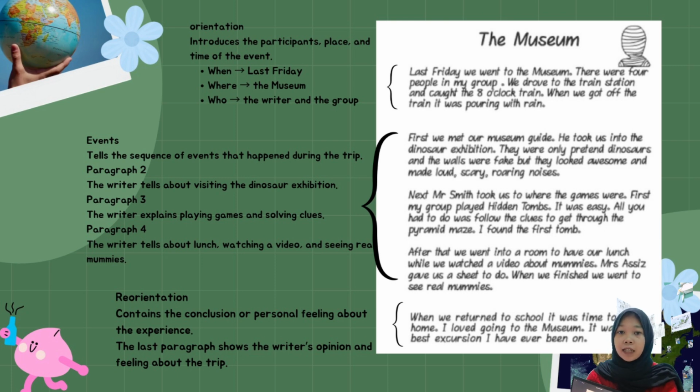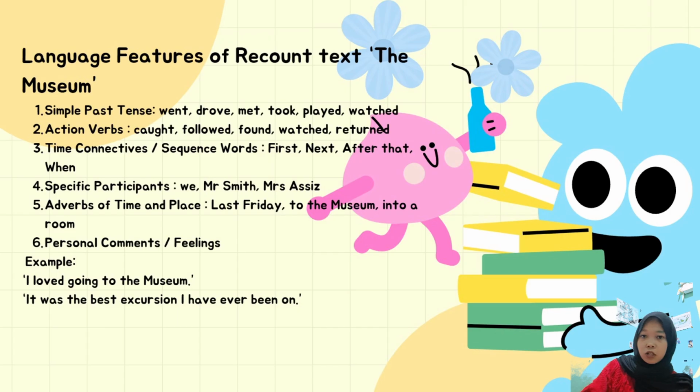And last, the reorientation contains the conclusion of personal feelings about the experience. The last paragraph shows the writer's opinion and feeling about the trip. The author said he loves going to the museum so much.